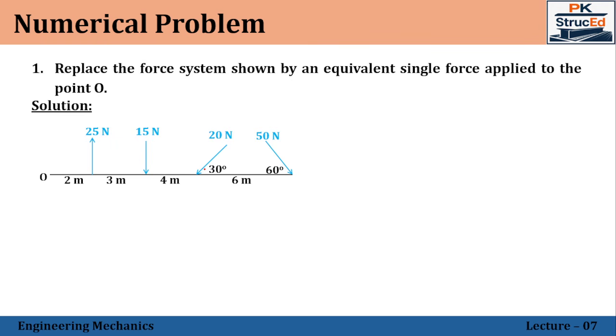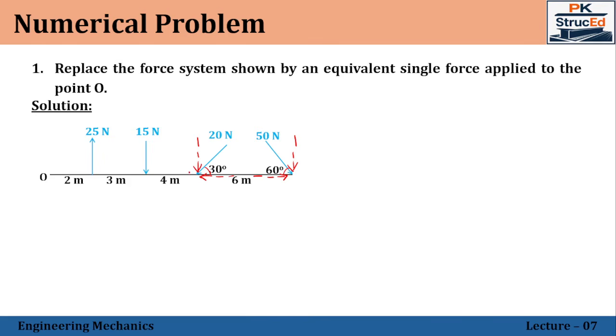So here, the angle of this 20 Newton force is 30 degrees with respect to the horizontal. Similarly, this 50 Newton is inclined at an angle of 60 degrees with the horizontal. So if I am resolving, it will have its horizontal component in this direction. The vertical component will be in this direction. Similarly, resolving this one, you'll get the vertical component in this direction, and the horizontal component in this direction.